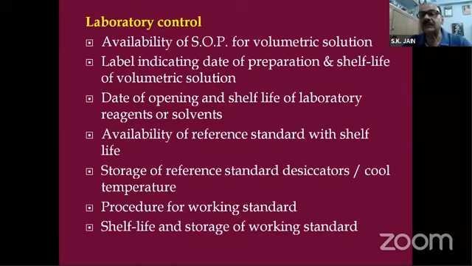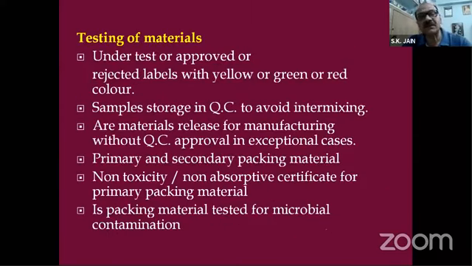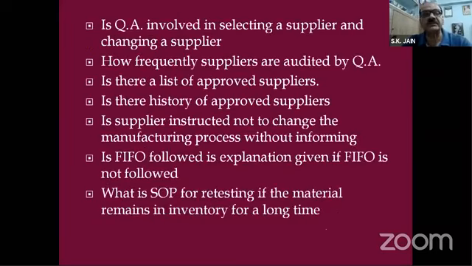It means the volumetric flask which you are taking in the laboratory is not calibrated. So all the measuring equipment should be properly calibrated, or the machine should be properly calibrated. Only then you will get consistent results. Testing material, these are all the responsibility of quality assurance.